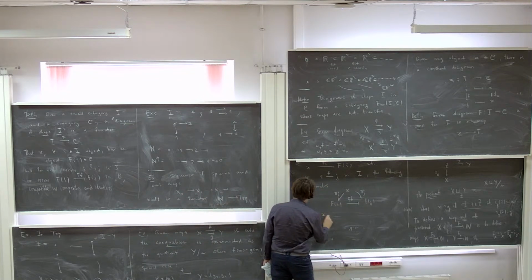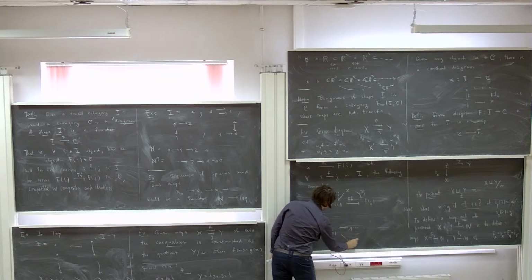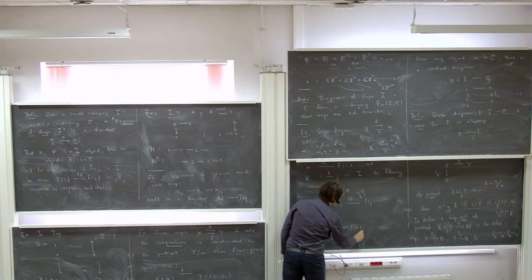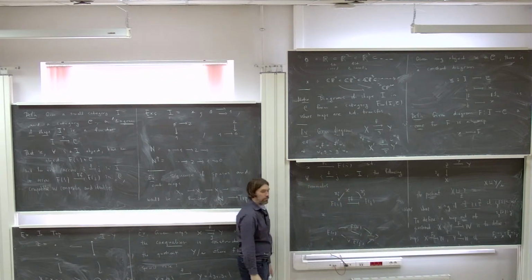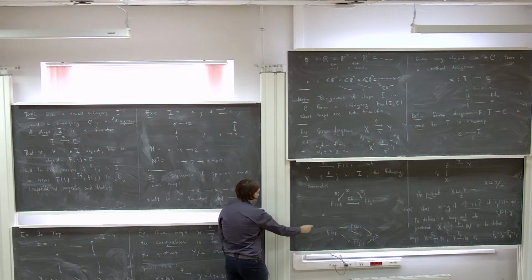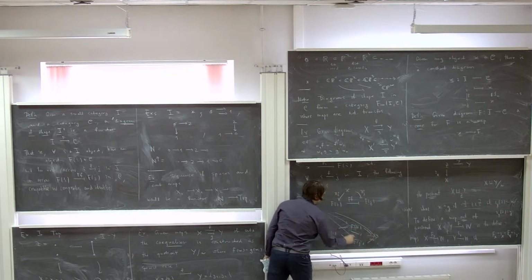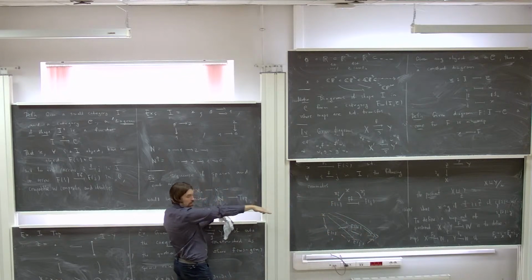So you have X up here, and then you have F I mapping to F J, mapping to F K, mapping to something else. So you have some big complicated diagram of objects and arrows, and X is mapping to all of them and commuting with all of these arrows. So this shape is a cone.